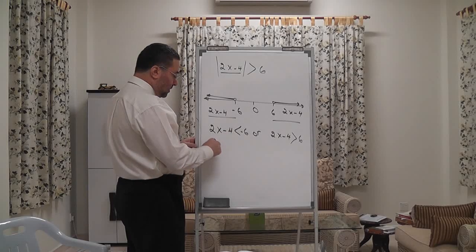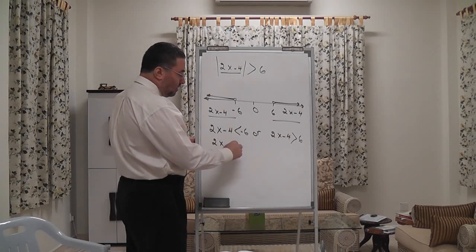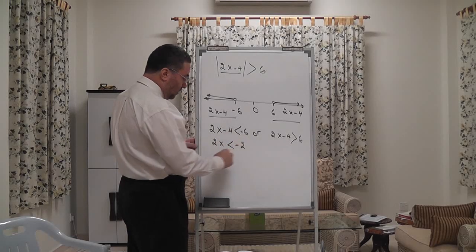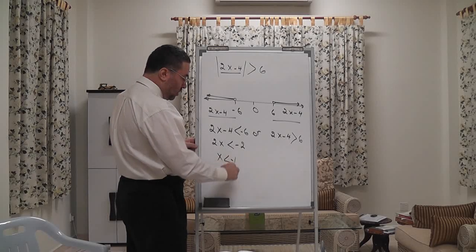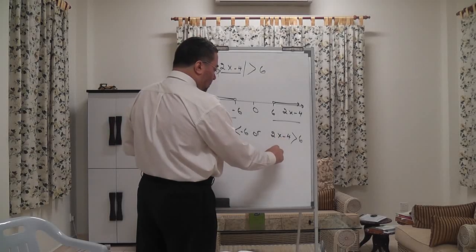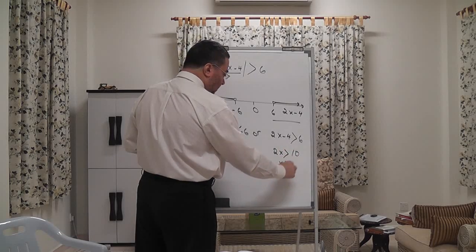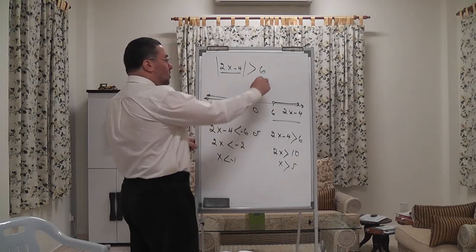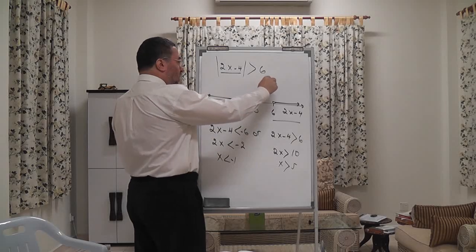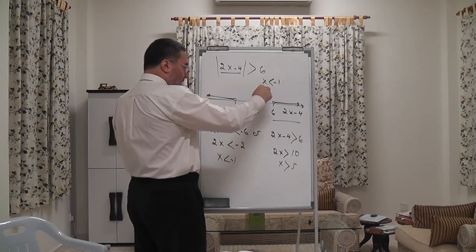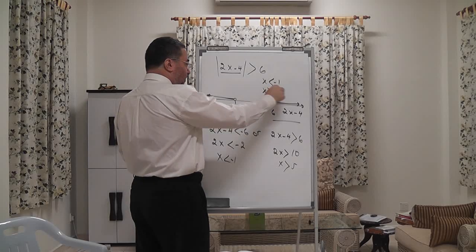Here we get 2x is less than -2, and x less than -1. Here we get 2x more than 10, and x more than 5. So let's put these two inequalities, x less than -1 and x more than 5.